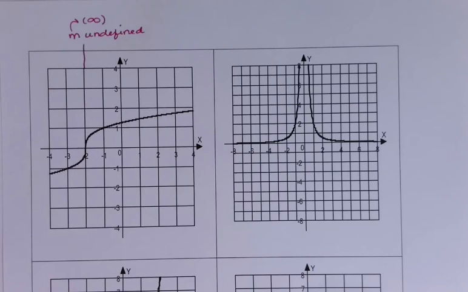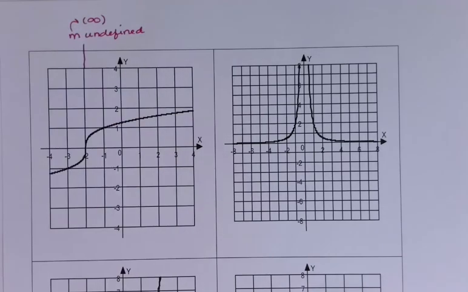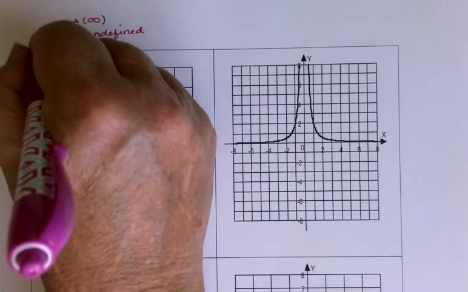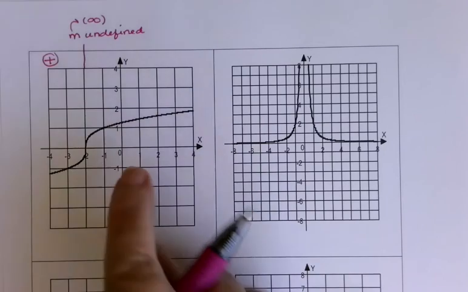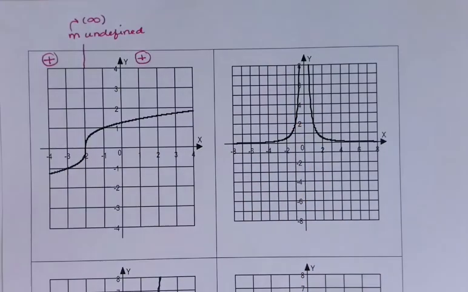That means that when I graph this derivative function, I would expect a vertical asymptote in the derivative function, allowing it to go to positive infinity on both sides. Now notice here, these are all positive slopes of tangent lines. And here still, positive slopes of tangent lines.